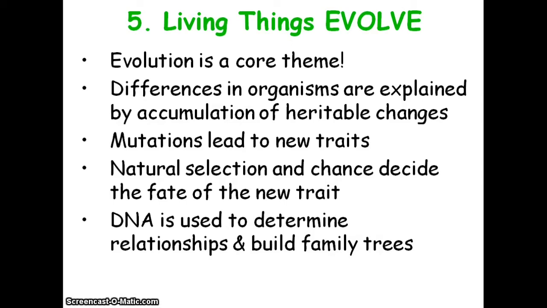The whole system of classification that we have, although it's built from lots of things, one of the major things we use today to look at how closely related organisms are is we look at their DNA. Because if they have similar biochemistry, if their DNA has genes that make the same exact proteins, we can determine that they may be very closely related to each other.